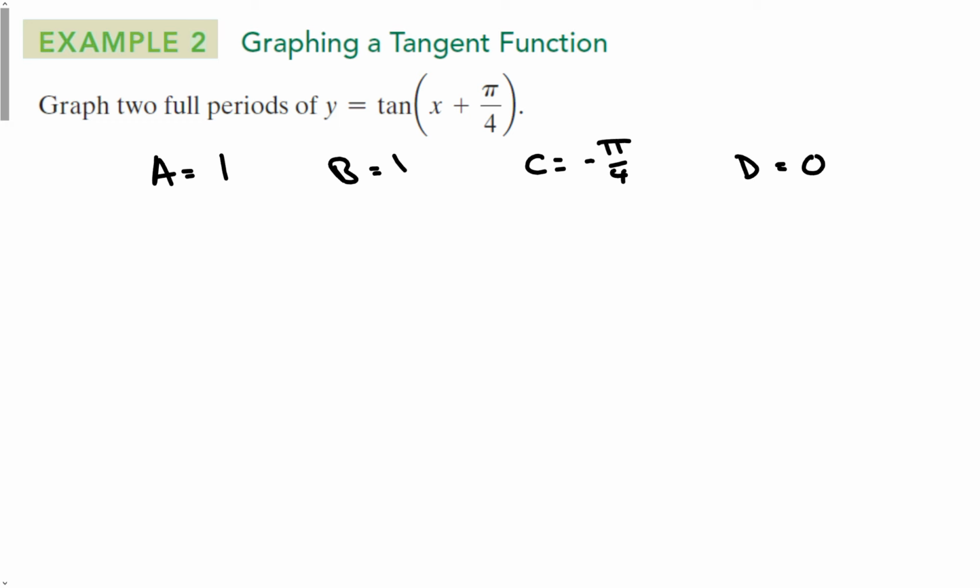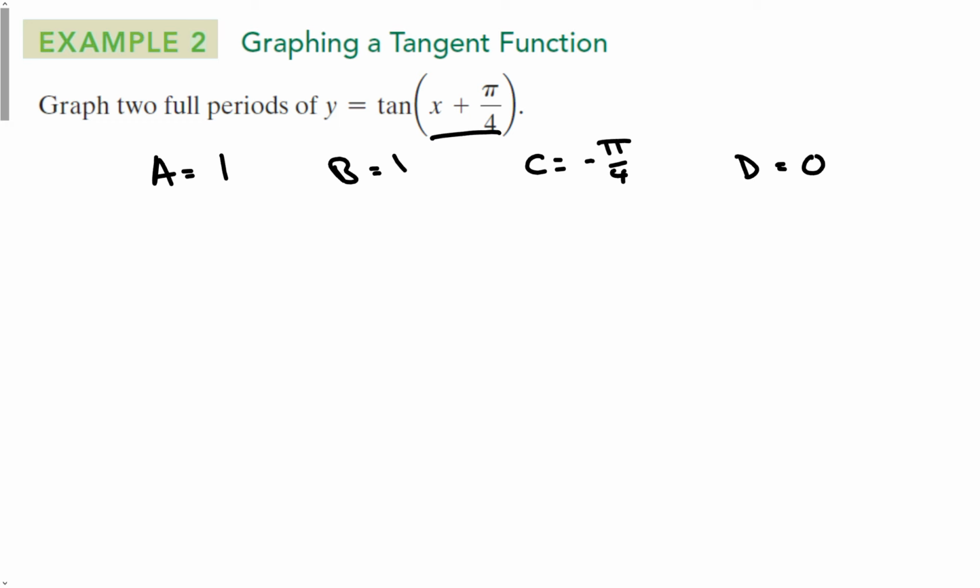It doesn't matter so much with tangent, okay? Because we're not going to calculate the phase shift the way we did for sine and cosine. I don't need to know the point that the function starts at. I just need the asymptote.